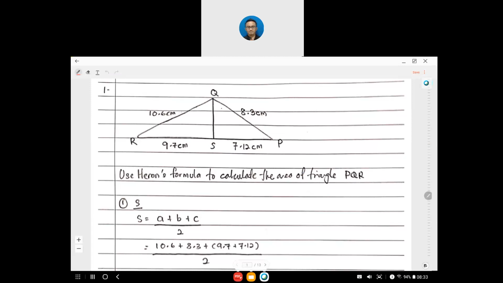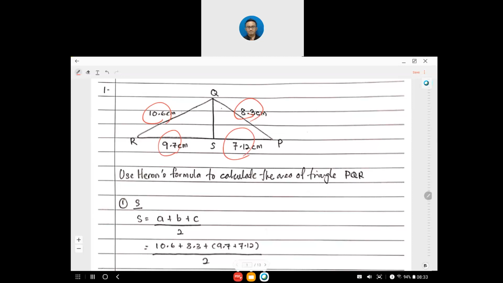PQS and RQS are two triangles where PQ is 8.3, QR is 10.6, RS is 9.7, and SP is 7.12.